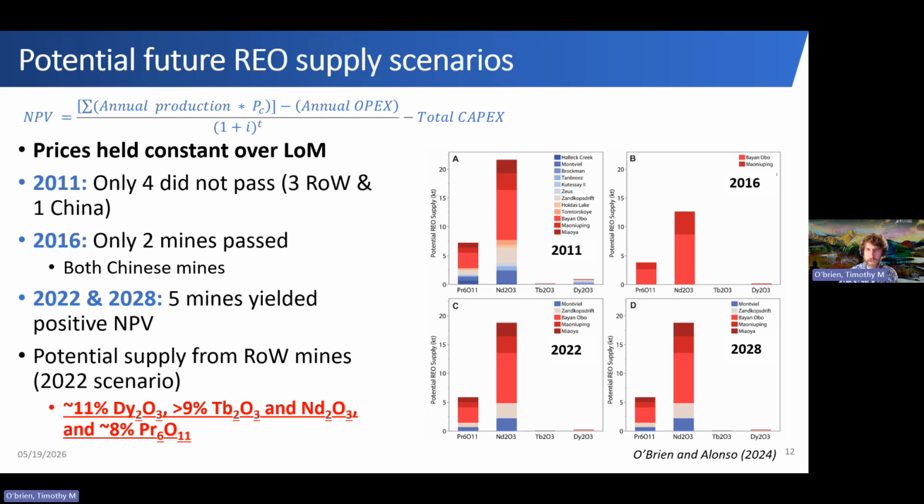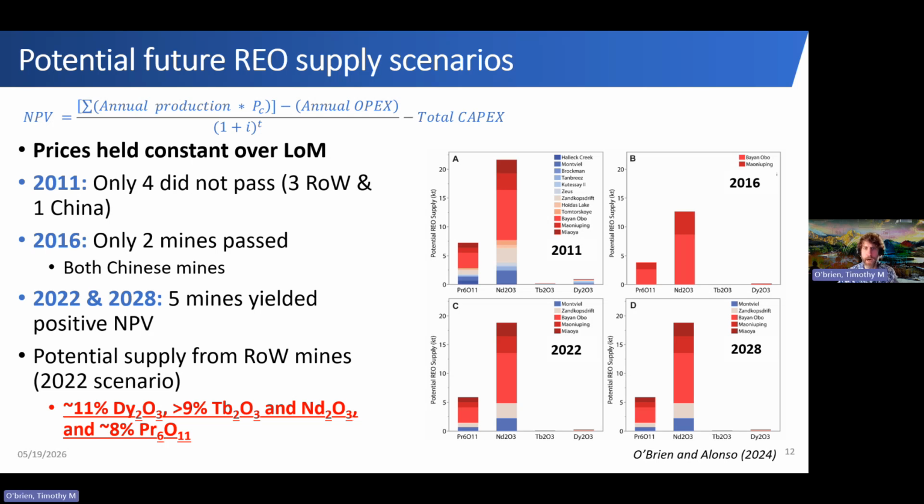What we have here is the potential total supply of the rare earths that may be produced if those projects were able to advance. And this is for each of the magnet rare earths. After China initiated export restrictions in 2010, prices skyrocketed in 2011. And so in the result using the 2011 prices, almost all the projects were able to advance and produce. Only 4 did not yield positive net present values.